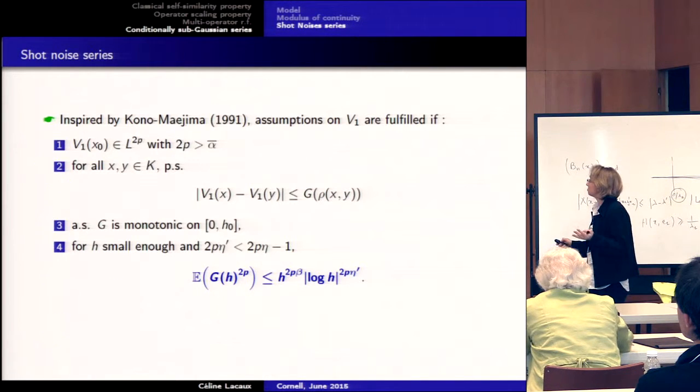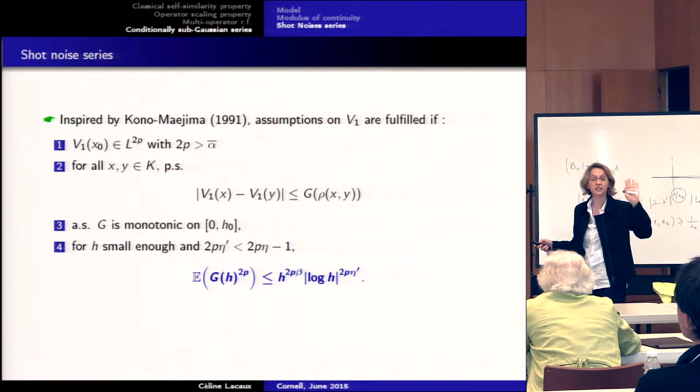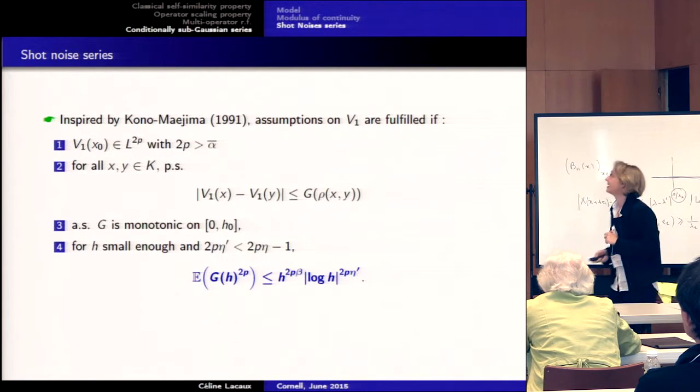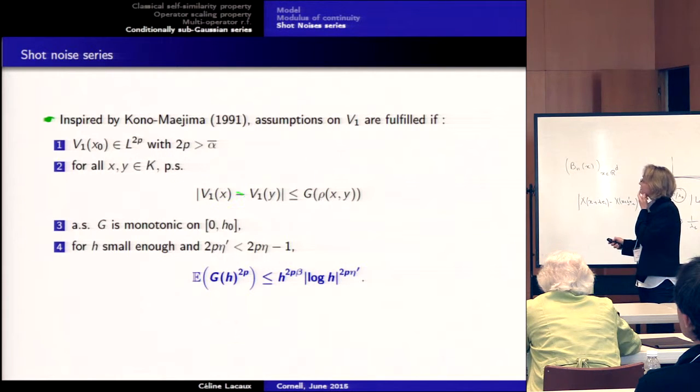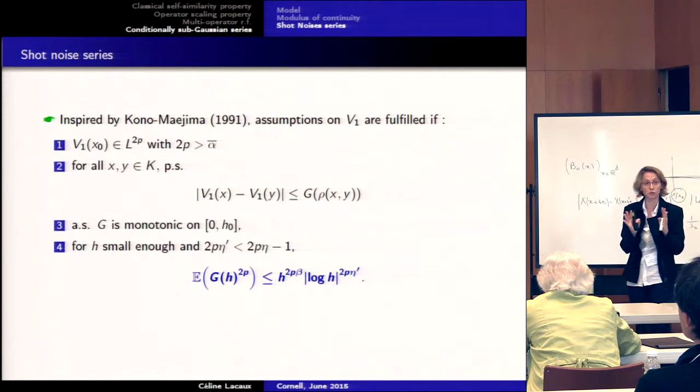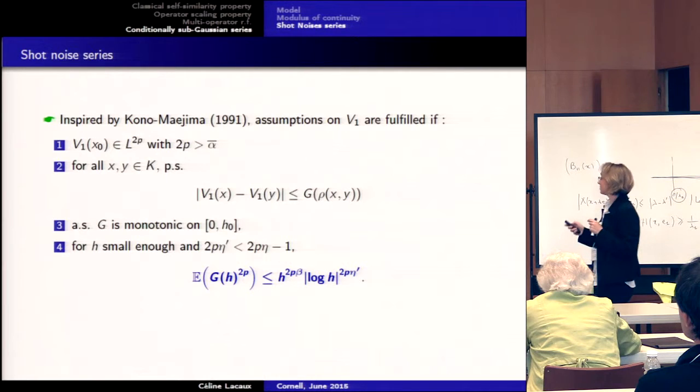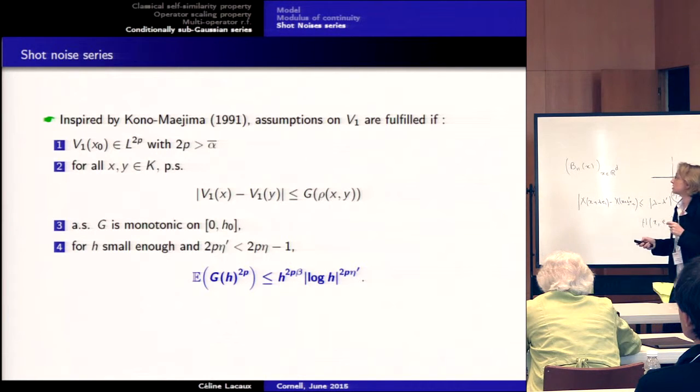You need the integrability at one point. And then, if you know that you can control V1 of x minus V1 of y by a function of rho, which is stochastic, of course, as this function is monotonic on a small interval around 0, you will conclude as soon as you have a control just of this type for G of H.